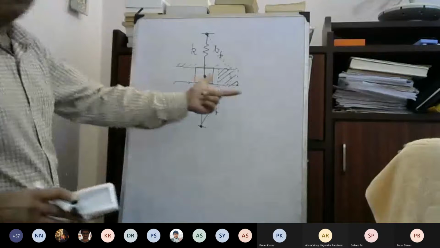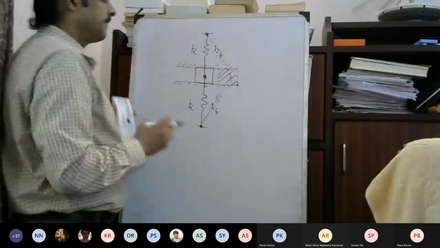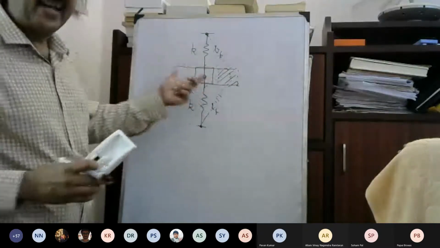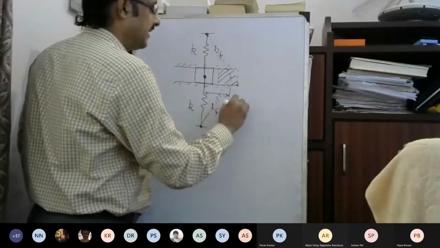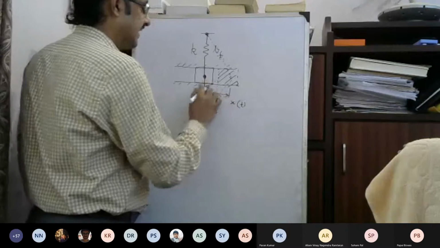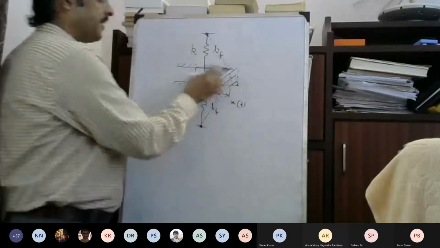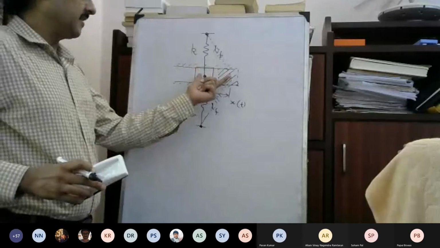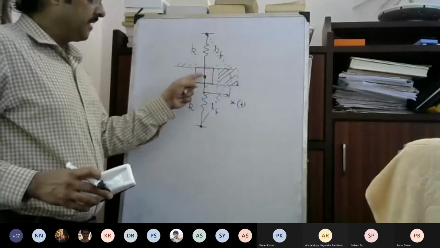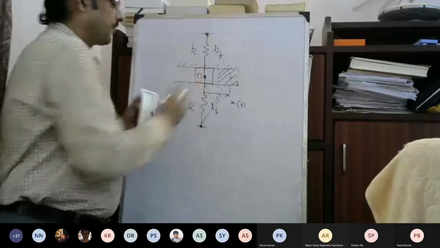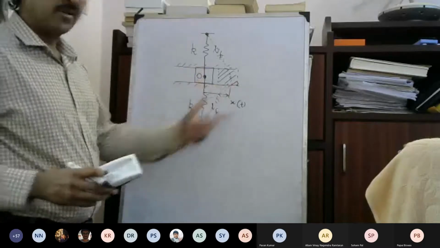I want to find out the equation of motion of this system. Now I can take any generalized coordinate, but maybe what will be easiest will be x of t as the generalized coordinate. That means the measure of the distance of its center of mass from the origin, from the midpoint, from this point O. Okay, so this is the generalized coordinate.